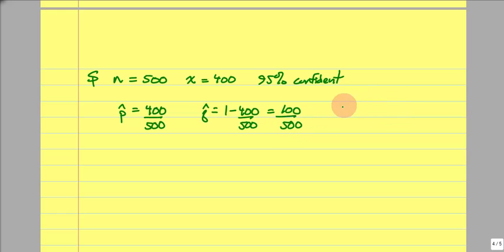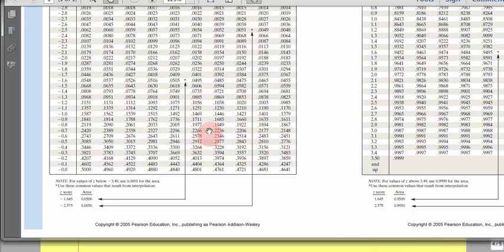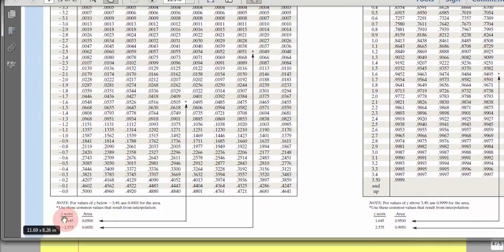And then I have my confidence factor here, my z alpha over 2. If I'm 95% confident, that means I'm willing to have 5% error, z 0.05 over 2. If we look up on our table, again, that's 5% in the lower tail. I can see down here it's negative 1.645.